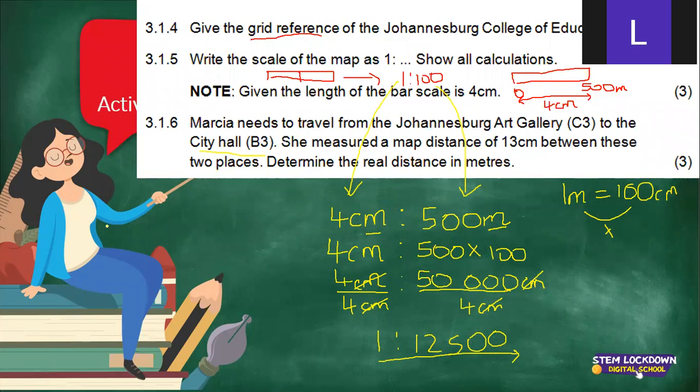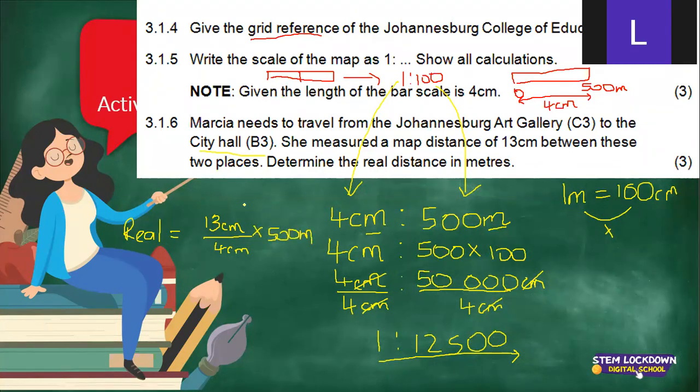So I'll say the real distance is equal to 13 centimeters, which is the distance that you measure using a ruler on the map, divided by the length of your bar scale, which is 4 centimeters, times 500 meters.